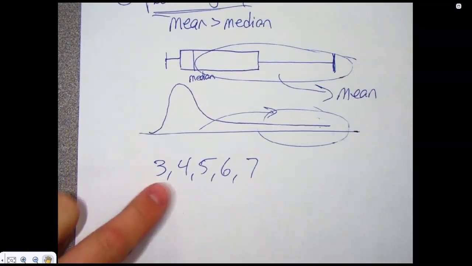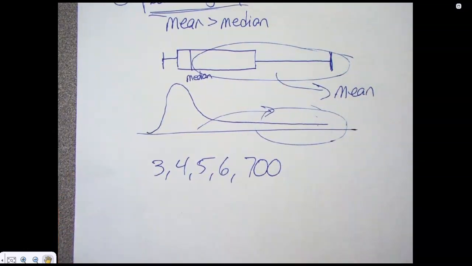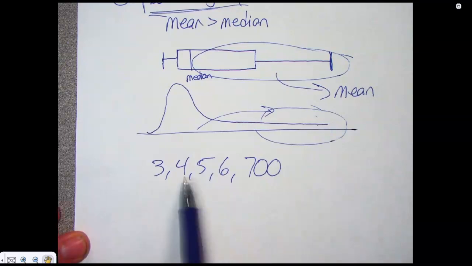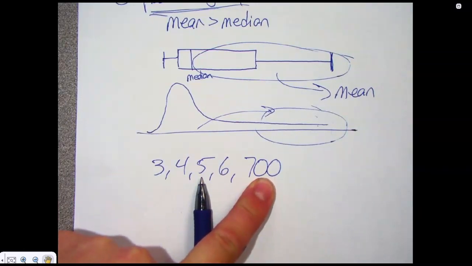That is not skewed right. But what did I just do to the median? I didn't do anything. The median is still 5, isn't it? I can make that 7 million. What's the median? 5. But what did I do to the mean? I just increased it a ton, right?